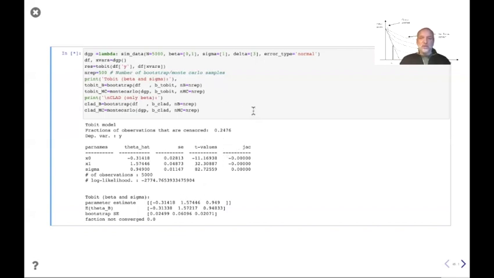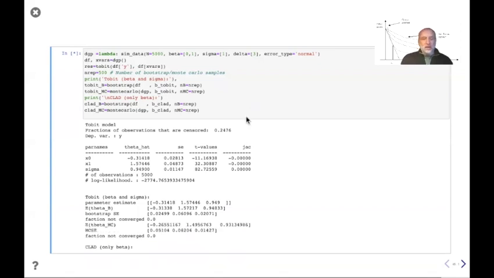But that's pretty much the idea. So you essentially use the simulation method to estimate the parameters. Yeah, is it worth waiting for?